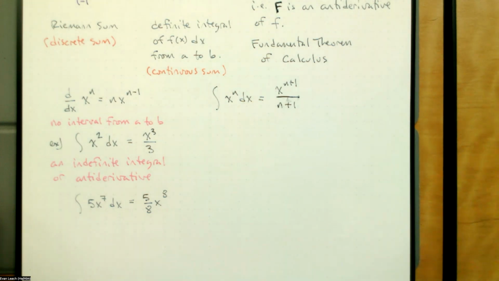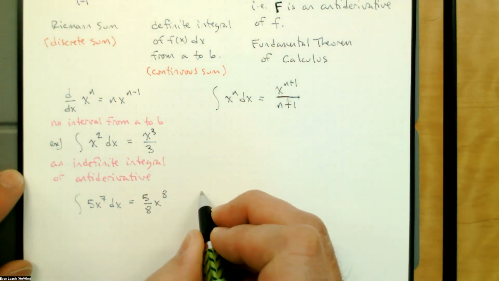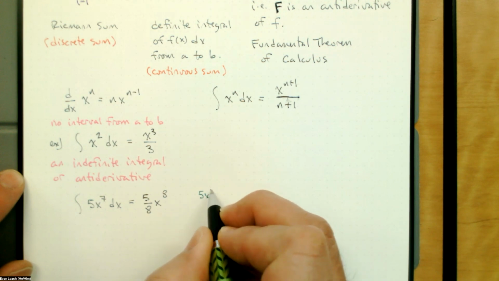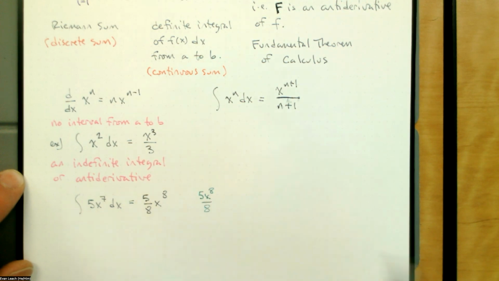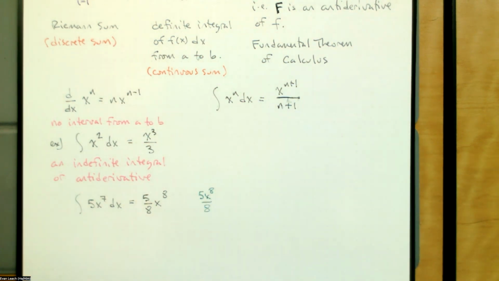So you totally could write this as 5x to the 8 over 8. I don't know why that looks weird to me, but it does. But x cubed over 3, since there's nothing else up there with the x cubed, looks perfectly acceptable to me. Aesthetics is weird. Who knows?